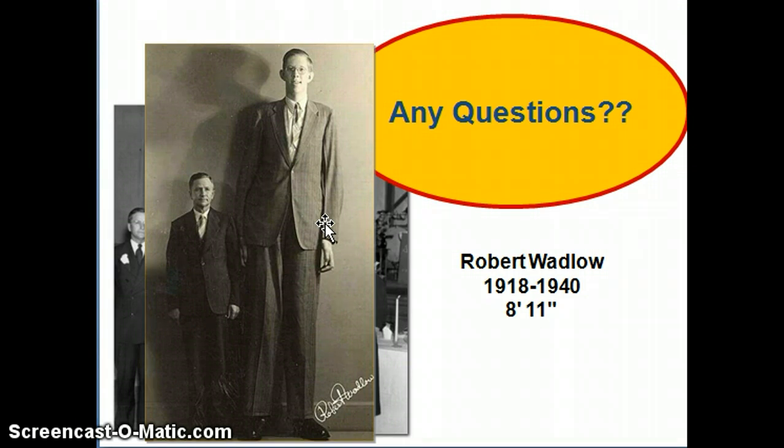So when these homeostatic systems are not working well, we get disorders that can make things go crazy. In this case, this person with gigantism had his growth hormone continue until he got to 8 feet 11. But as you can see, it has other repercussions, like a shortened lifespan.